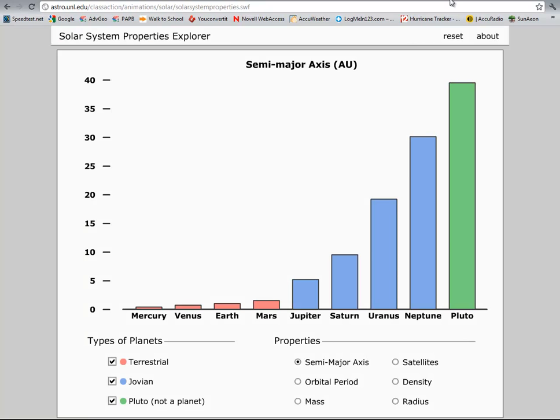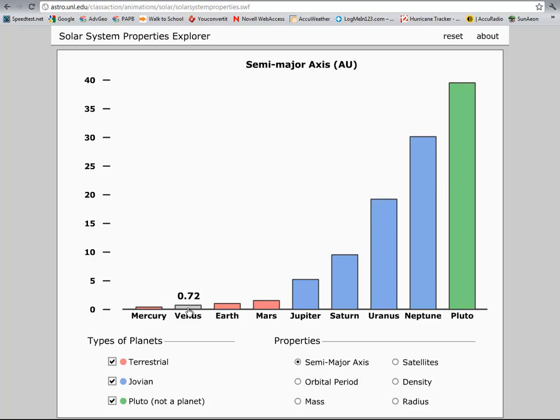Okay, so we go back to this. If you take a look at it, we actually have these AU values, astronomical units, based on the semi-major axis. Basically it's all based on number 1, the Earth, 150 million kilometers, 93 million miles.